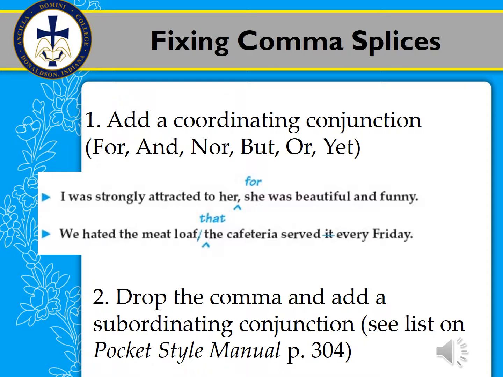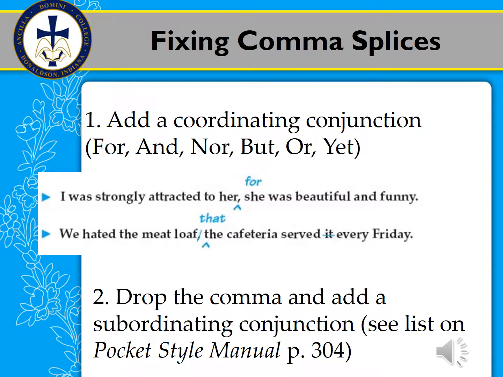I see a comma but no coordinating conjunction, so I'll pick one. So we have, I was strongly attracted to her, for she was beautiful and funny. If you chose to put because she was beautiful and funny, because is a subordinating conjunction, not a coordinating conjunction, so it serves a different purpose. If you had because there, you would not put the comma in.